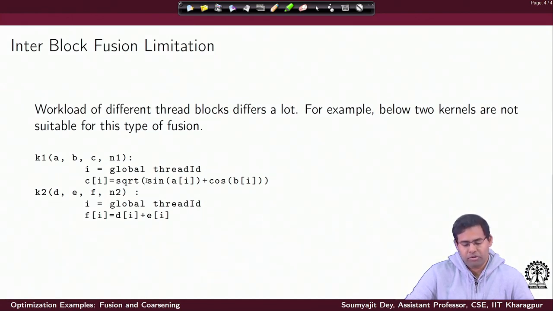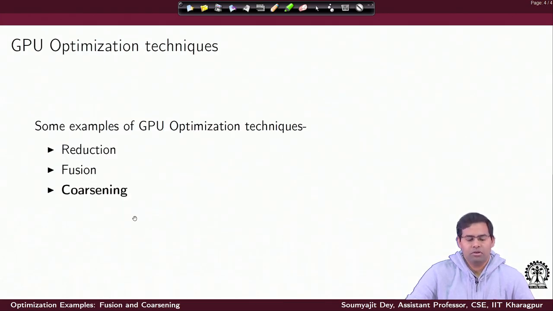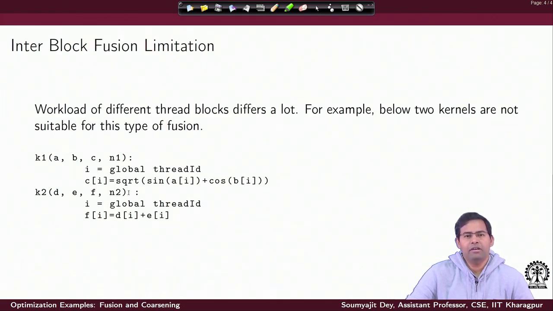They will compute the sine and cos, the trigonometric series approximated, and finally with the sum it will implement the SQRT operation. So, these are highly costly mathematical operations, whereas here I have a simple single cycle addition. So, these kernels are highly unbalanced with respect to their load.